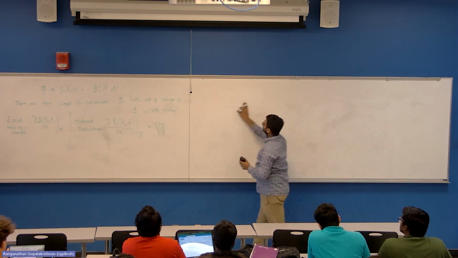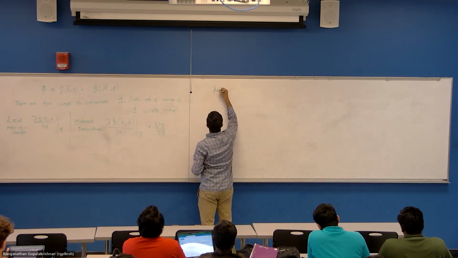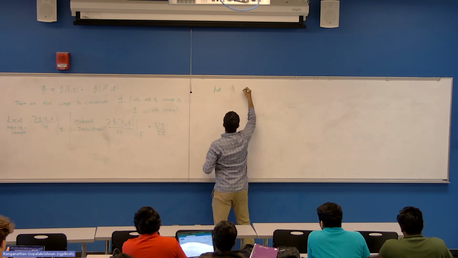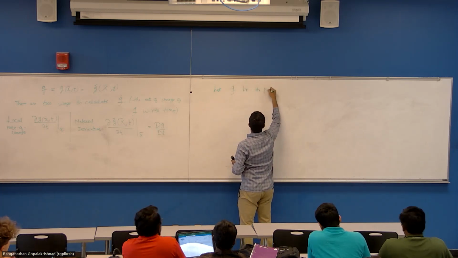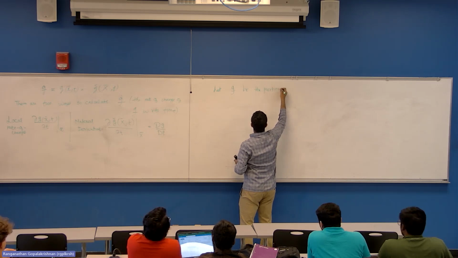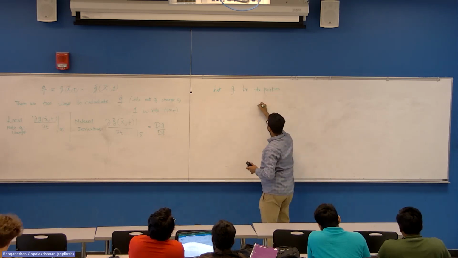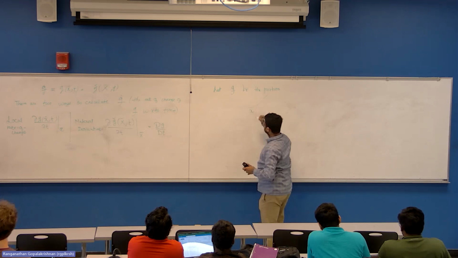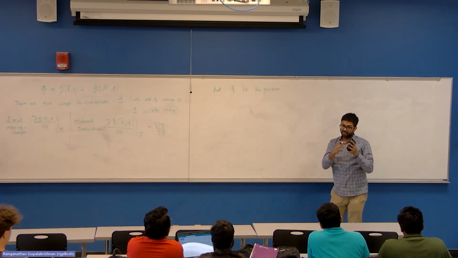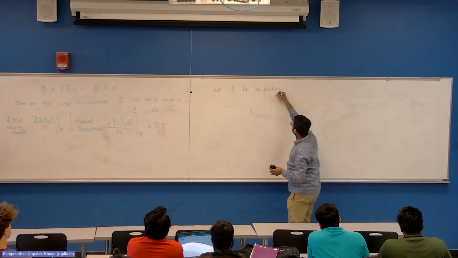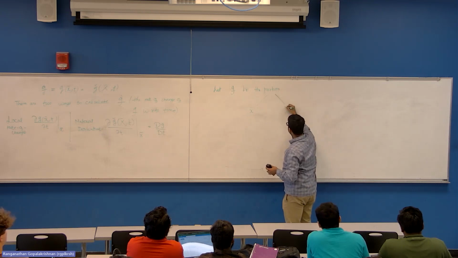Let G with a bar be the position. When I say position, I could be referring to the x, which is the coordinate in the spatial frame, or I could be referring to the material part.